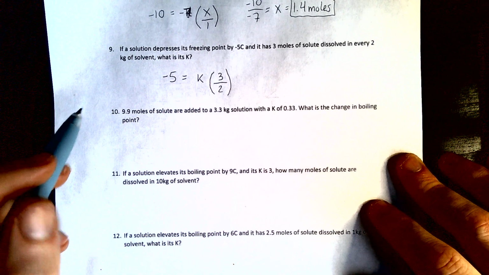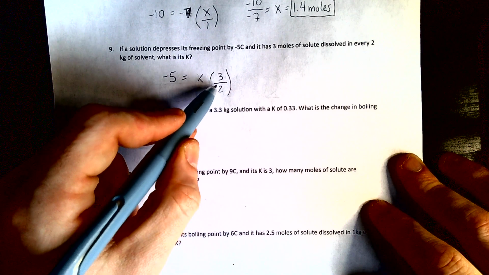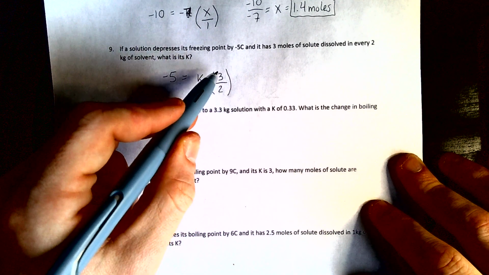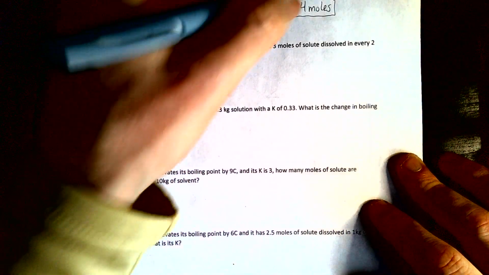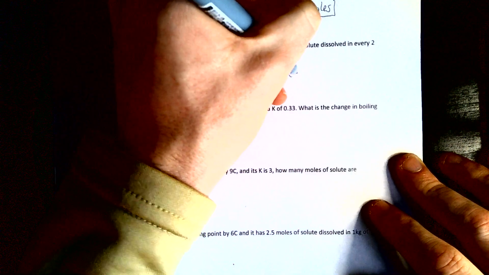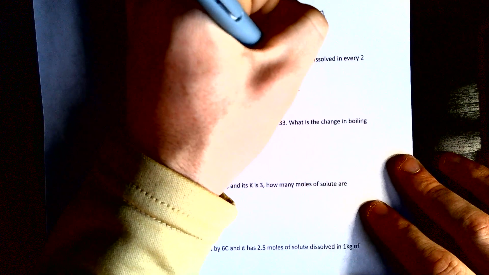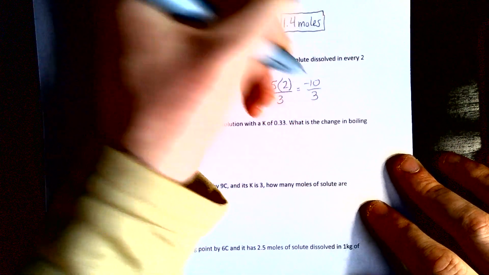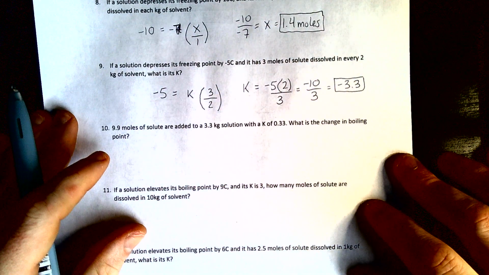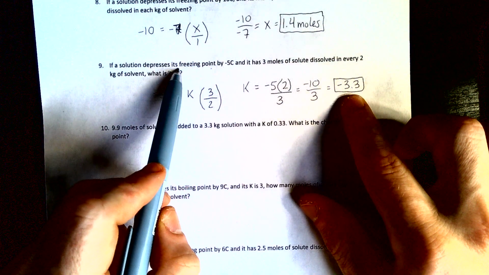Well, what I'm going to do is multiply by 2 on both sides, and then divide by 3 on both sides, which will simplify to this, which is then, and finally, K being negative is allowable because we're talking about freezing point.